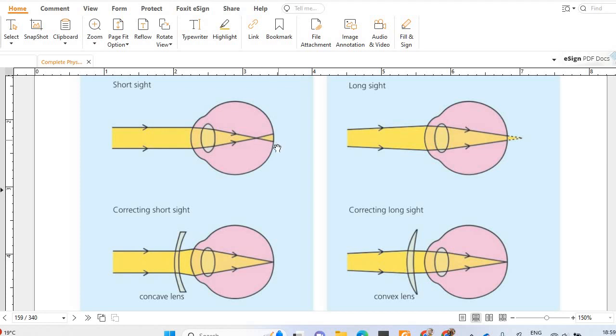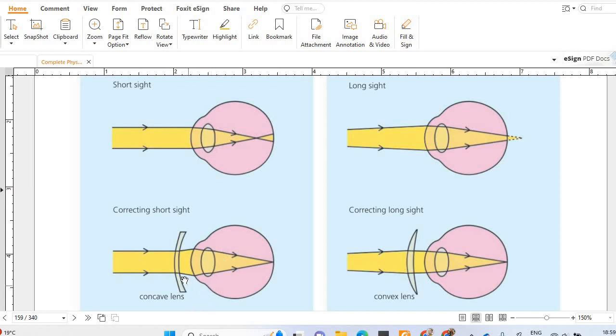So on the retina, a diffused light is falling, and the image is not focused. For normal people, the eye lens will adjust its focal length such that a sharp image is formed on the retina, but for people with short sight, that adjustment cannot be done. It's too much for the body to correct, so you have to do the correction artificially by adding extra glasses.